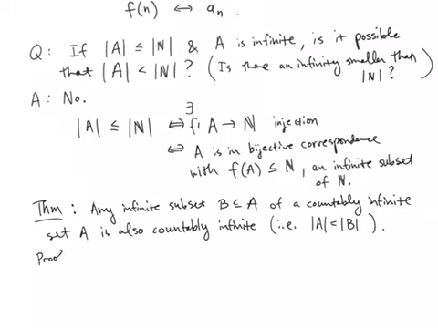And the proof is just that, since A is countably infinite, you can write the elements of A in a list.